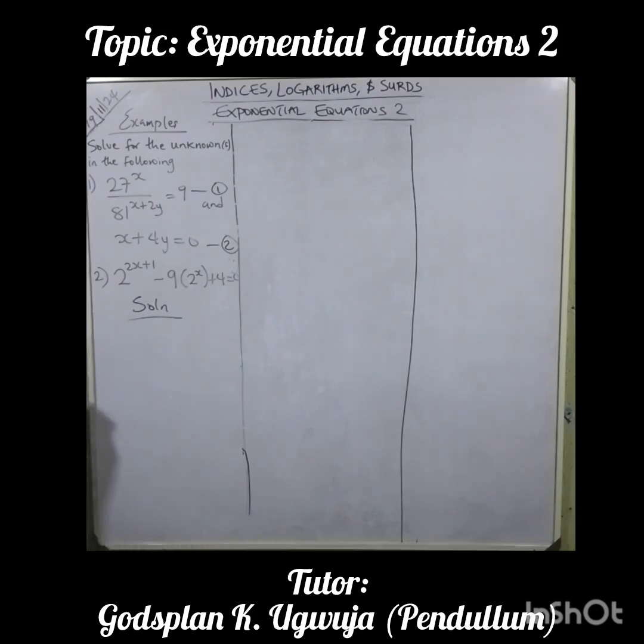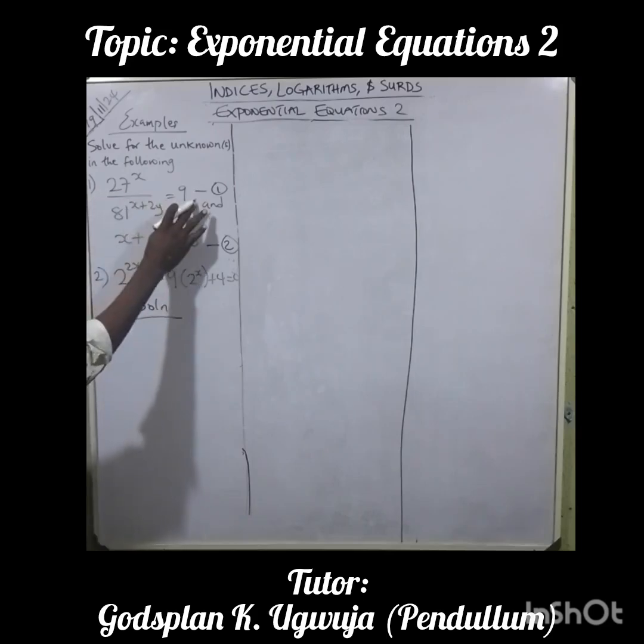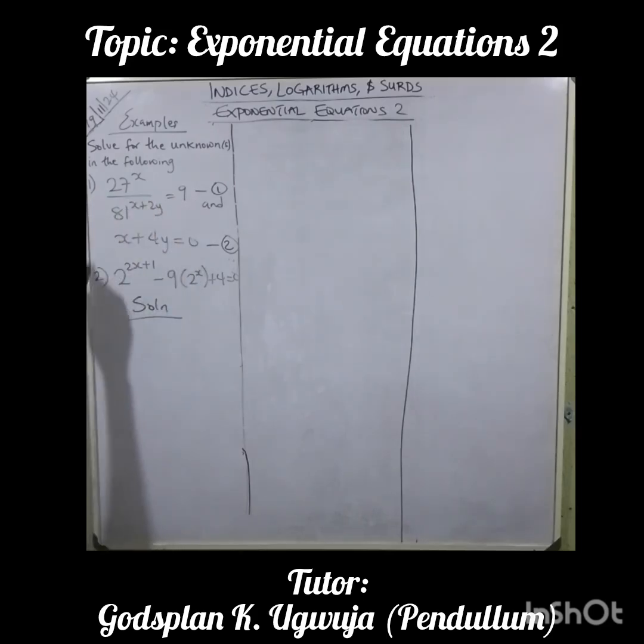All right, so now this equation 1, I'm going to write everything in the same base. I told you in the previous video, always try to put everything in the same base. So I can put everything here in base 3. 27 is 3 cubed, then raised to power x, all over 81 is 3 raised to power 4. Then everything here is multiplying x plus 2y, and 9 is just 3 square.